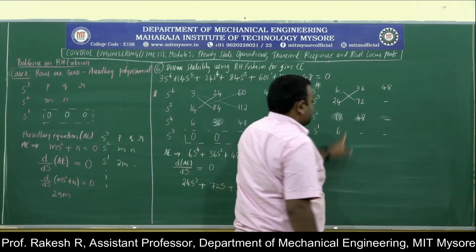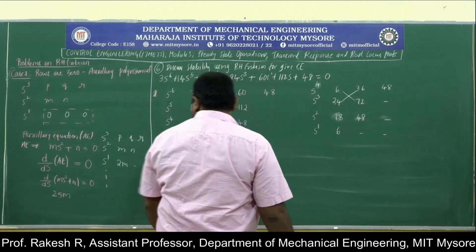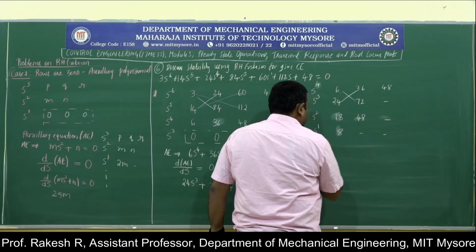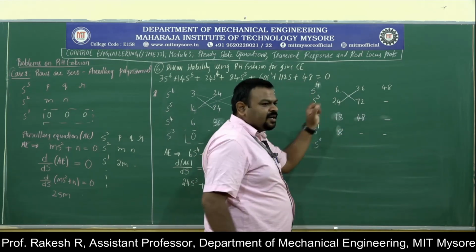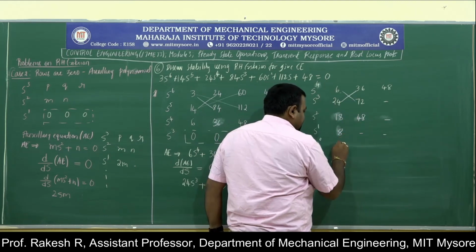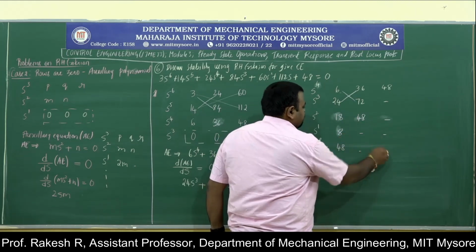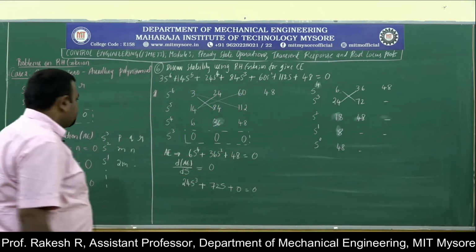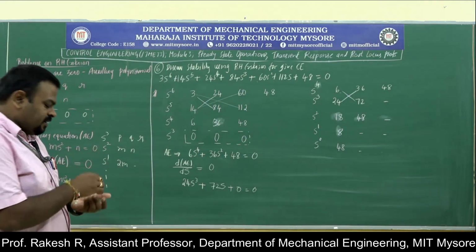These values will not be there since both are 0. Sorry, this is 8. Then s to the power of 0: do it in the calculator, (8 into 48 minus this) divided by 8. It is 48. So these are the values you have got for the Routh array.